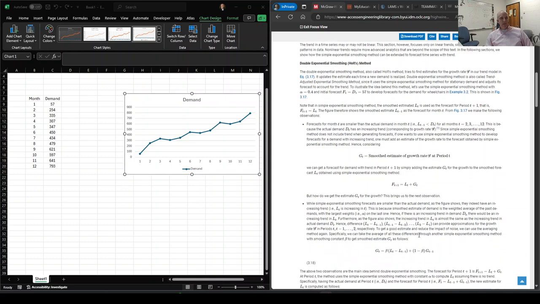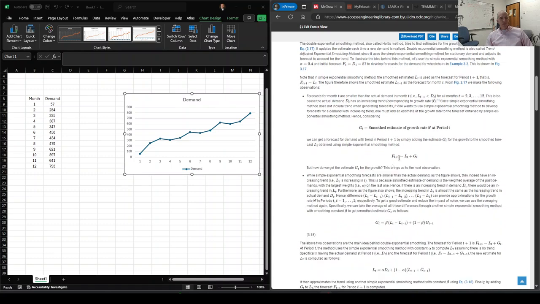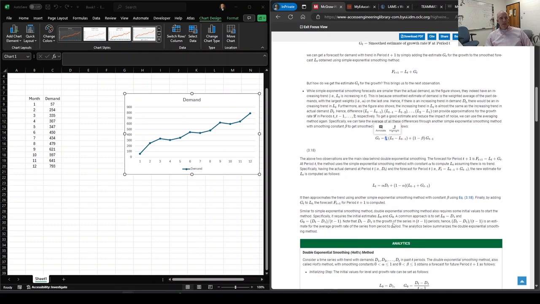And we see that in some of these math descriptions here. The forecast for the next period is going to include the level demand plus the growth rate. And then they're introducing a second smoothing constant, which is this beta. And the beta is going to allow us to smooth out the growth rate.